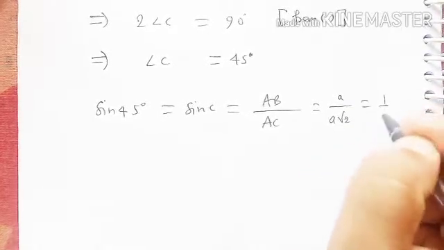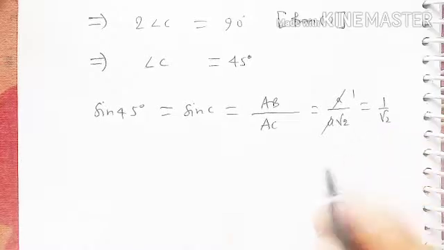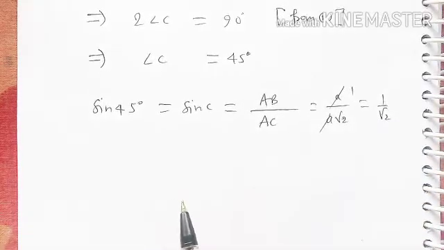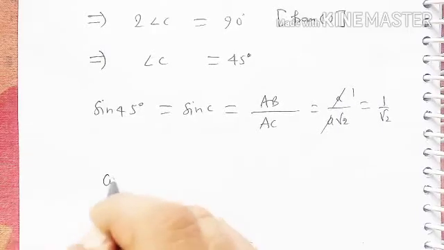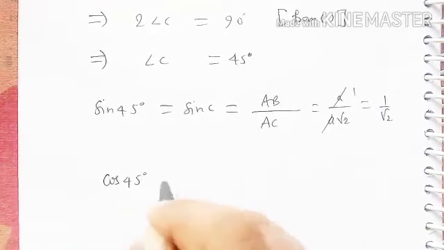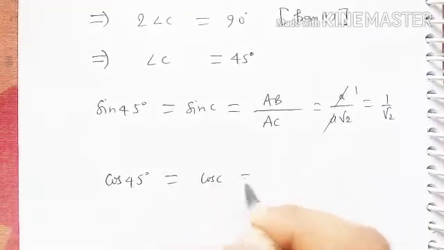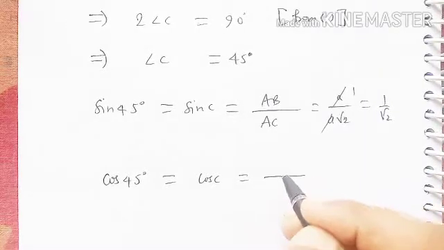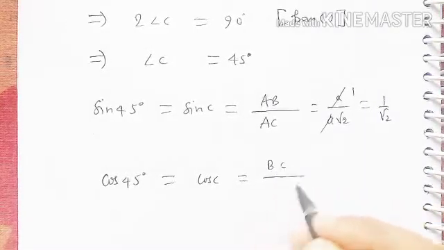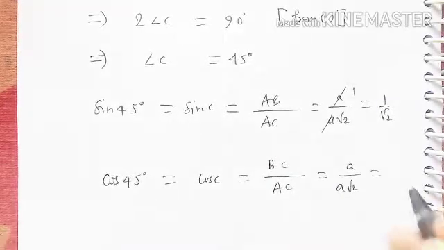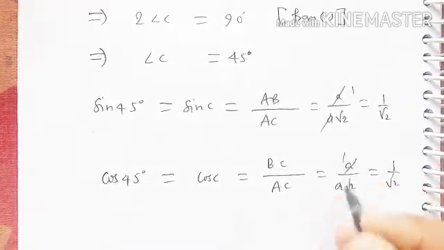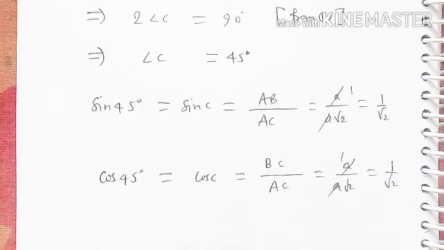So 1 by root 2. Cos 45 degree is equal to cos C, and cos C is base BC by AC. This is 1 by root 2, right?